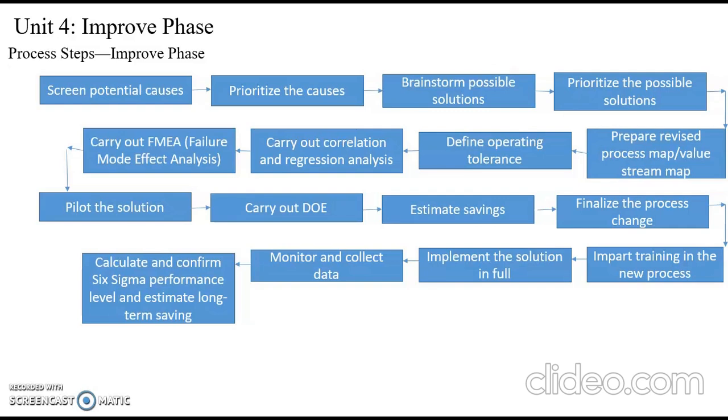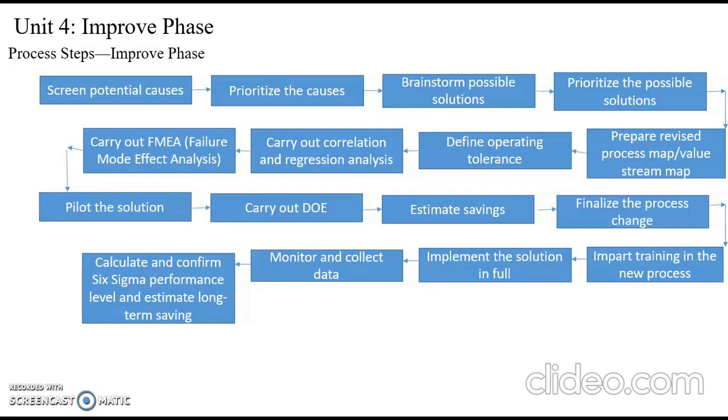Training is very critical since this will make employees learn the new process in advance, and if there are any initial difficulties, they are sorted out prior to implementation. This is about imparting the training in the new process.